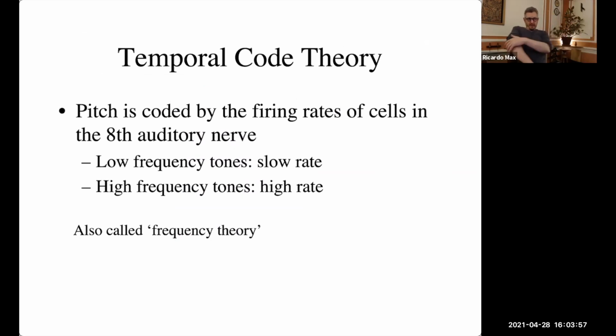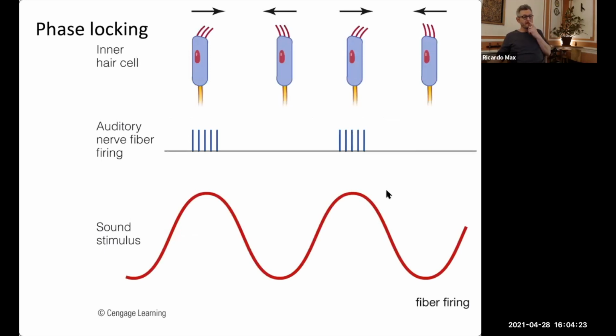The temporal code theory. So if the place theory proposes that pitch is determined by which neurons fire, the temporal code theory focuses on how these neurons fire, irrespective of which neurons are firing. As we saw before, there is a limit, a ceiling, on how fast neurons can fire.